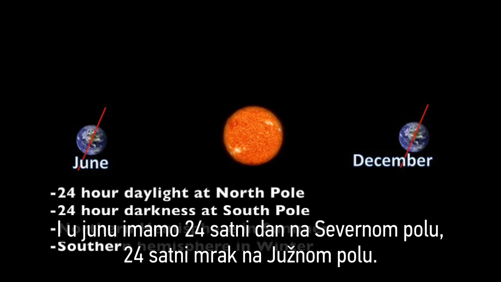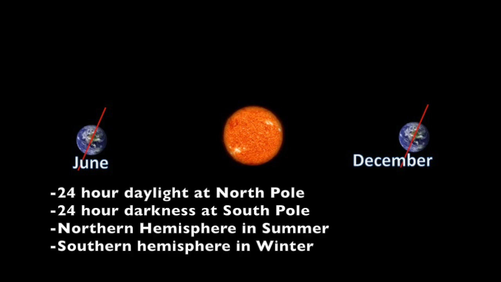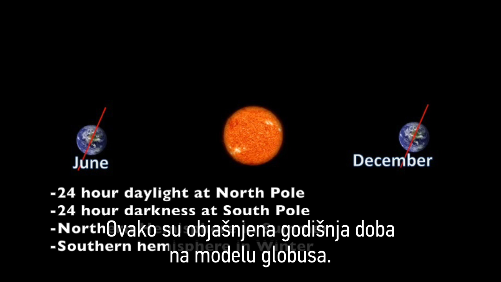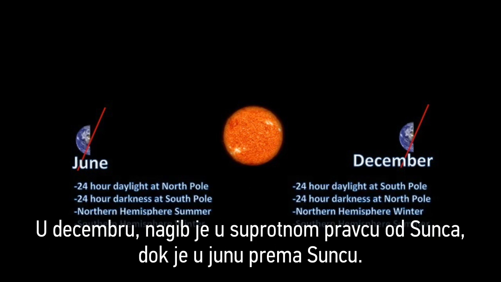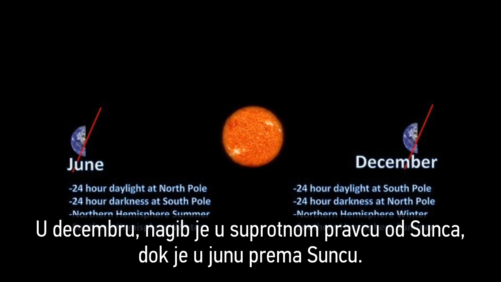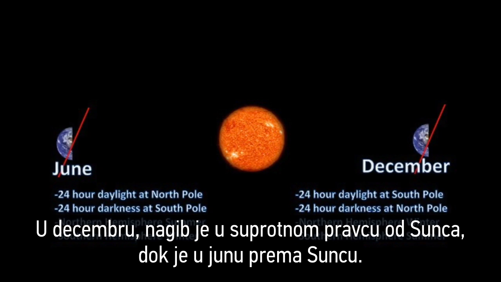And in June, there's 24-hour daylight at the North Pole, there's 24-hour darkness at the South Pole, and the northern hemisphere is in summer, and the southern hemisphere is in winter. Okay, this is how the seasons are explained on the globe model. In December, the tilt is pointed away from the sun, and in June, the tilt is pointed towards the sun.